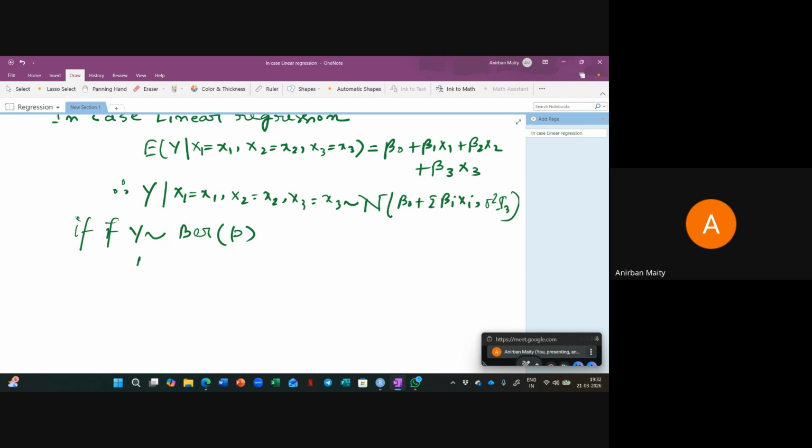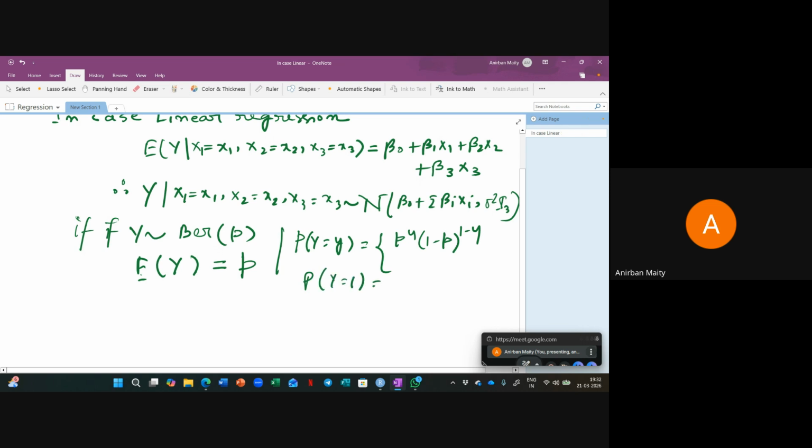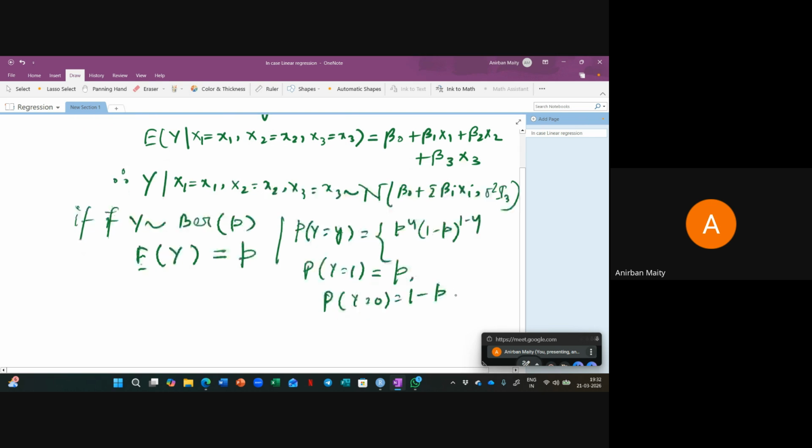So in that case, your expectation of y is equal to p, because your PMF is nothing but p to the power y into (1 minus p) to the power 1 minus y. That means probability of y equals 1 is p, and probability of y equals 0 is 1 minus p, that means q.